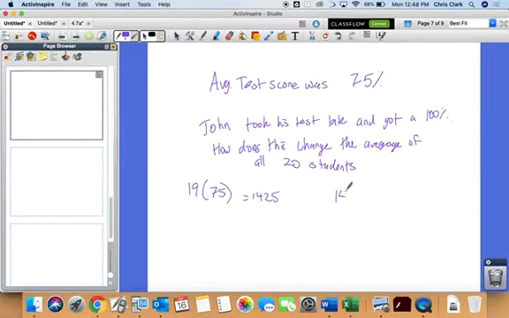I'm going to add John's value and then divide by the total number. So we're trying to get the total value and then divide by the total number of students that we have here. And the new average would be 76.25. So if I was trying to find the mean, that's how I would go about doing that.